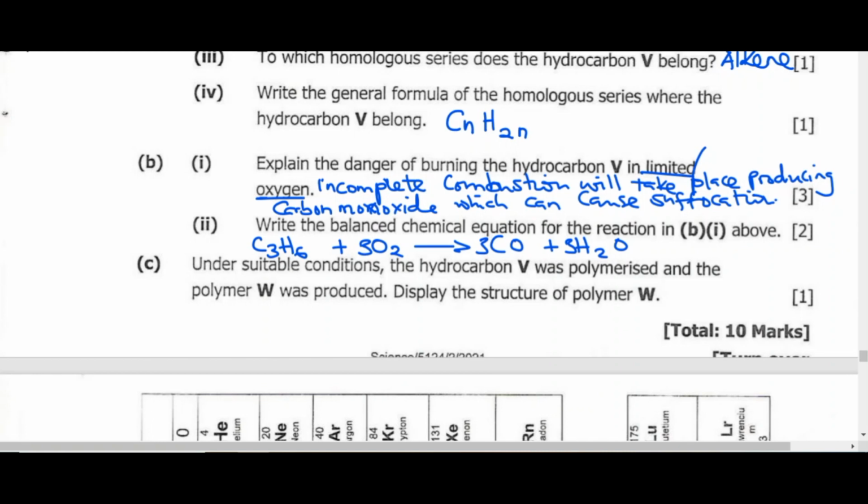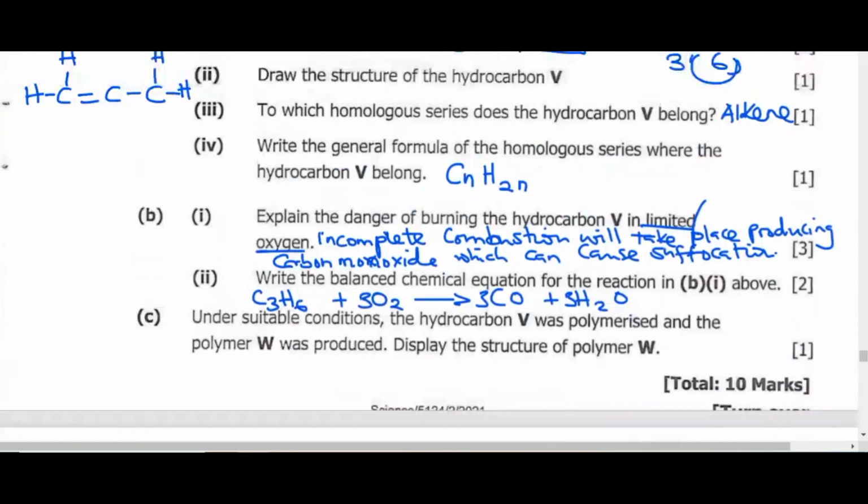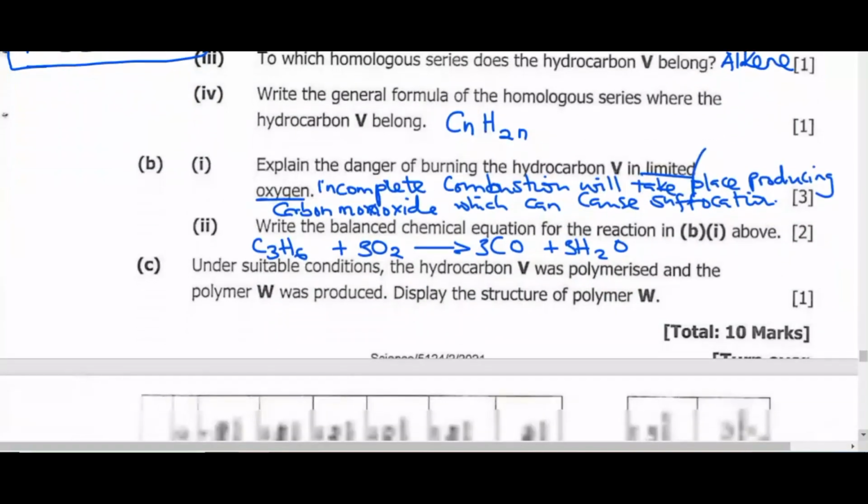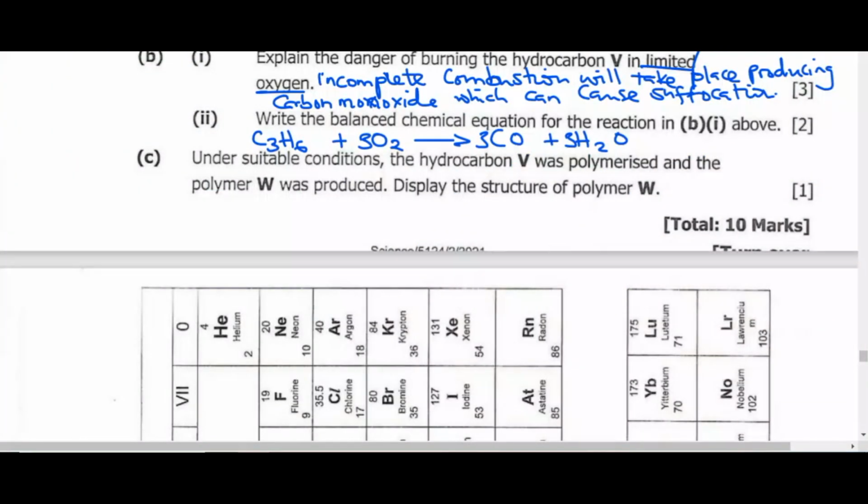Under suitable conditions, hydrocarbon V was polymerized and polymer W was produced. So in this case, what are we going to have? We're going to pick the things that we have. Do we have the structure? Okay, we have the structure there. So meaning that it was polymerized. How many times? Do we have space here?